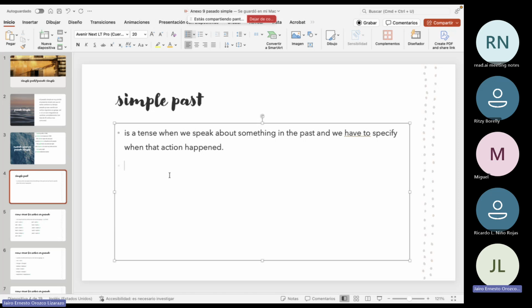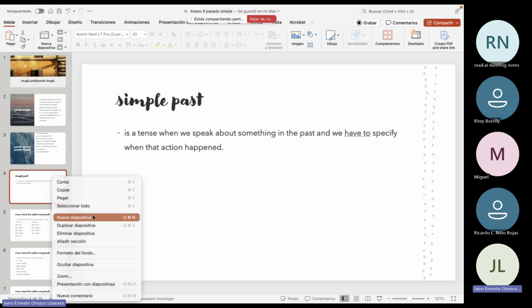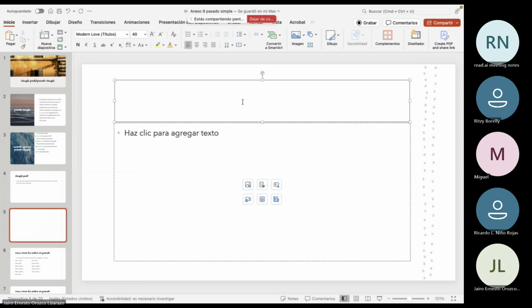So something that we have to keep in mind is something called grammar structure.